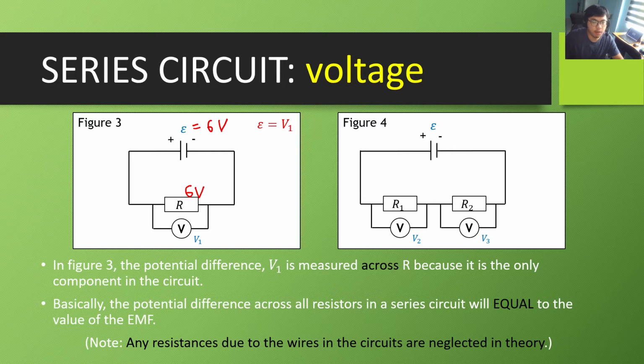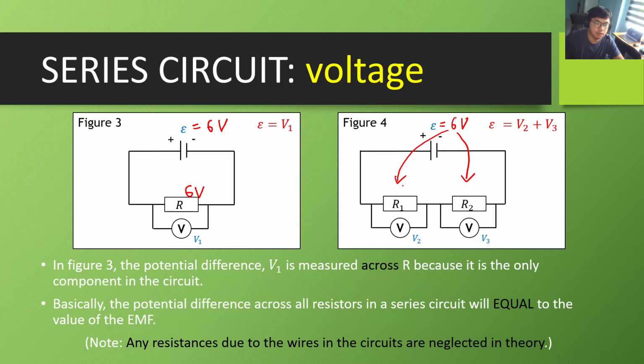So for figure 4, how do the voltages behave in the series circuit? The EMF is equal to V2 plus V3. Again, if you have an EMF of 6 volts, this voltage will be shared among the two other components.